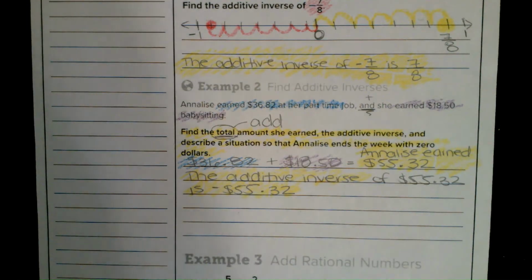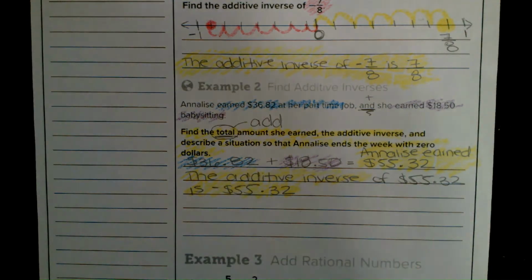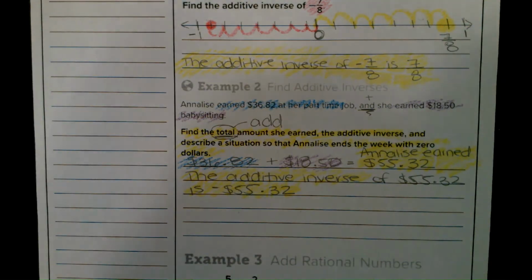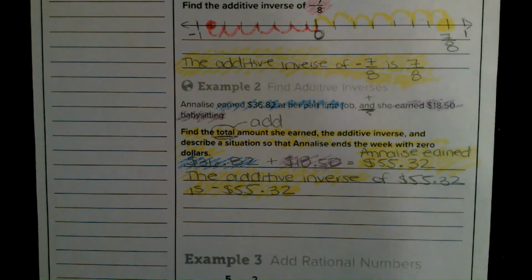If she wants to end with $0, then we're going to have to use that additive inverse of negative $55.32 and take it away. So something in real world context of this problem that could mean taking away, she could have lost $55.32 by maybe it fell out of her purse.